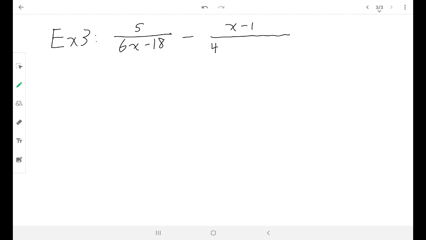Our second example is example 3 out of the book, where we want to do 5 over 6x minus 18 minus x minus 1, all of that over 4x squared minus 14x plus 6.